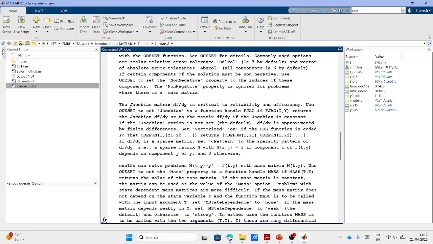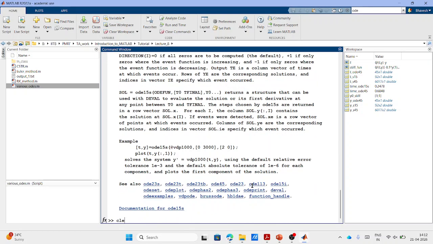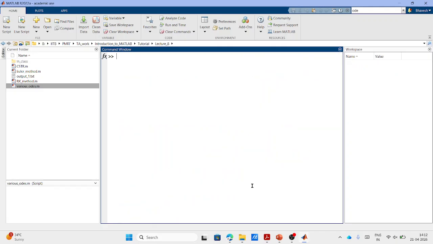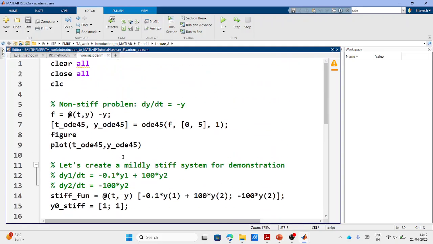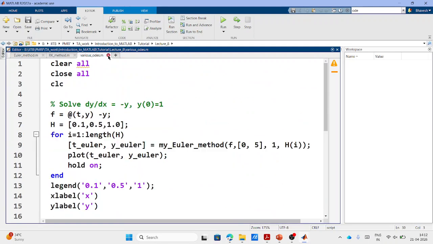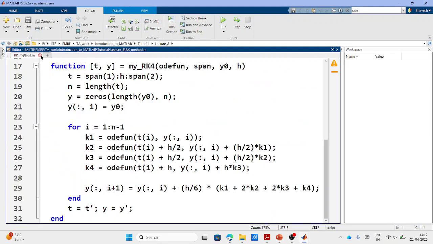Again, we don't have to go into the details of what exactly these are, but you have to keep in mind that depending upon what sort of function you have, you have to use that particular method. Here we are not dealing with a very complex problem, so we don't have to worry about it. But still there are certain cases where you might have to think about what kind of method you use.